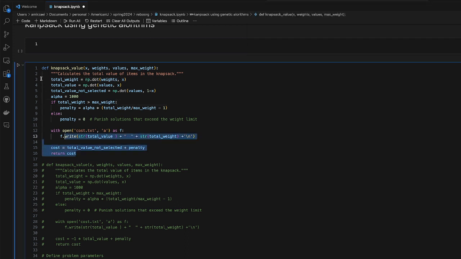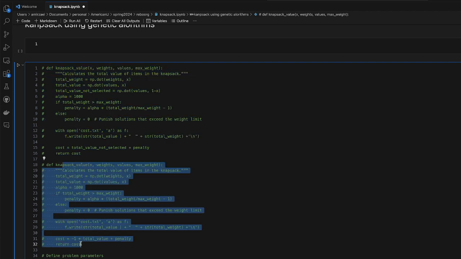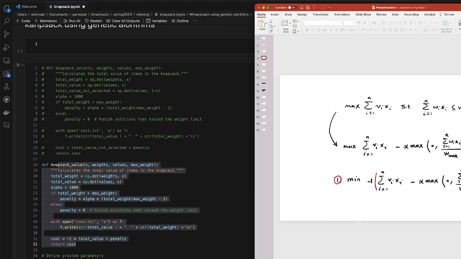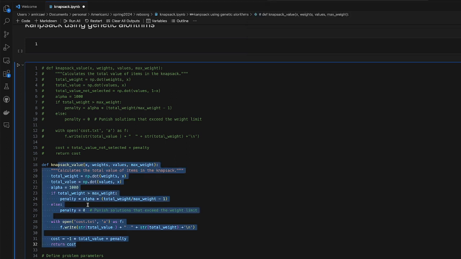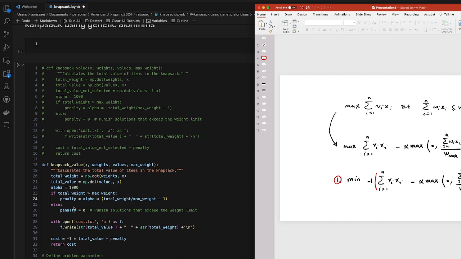So let me comment this out and uncomment this part, which is basically the implementation of the first method. If you look at this formula, it says there is a penalty, which is in line 24. Let me pull up this slide one more time. Okay, so we have this penalty, alpha times this equation, which is the same as before.